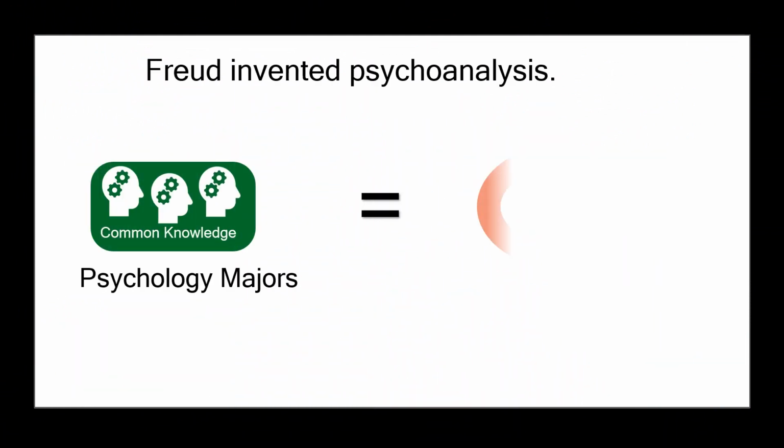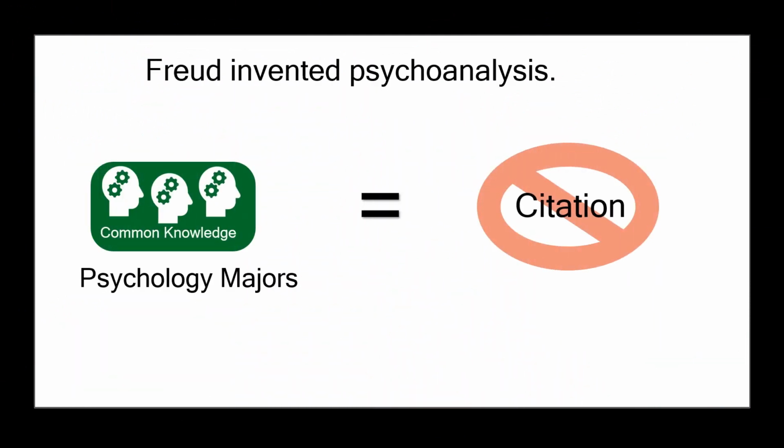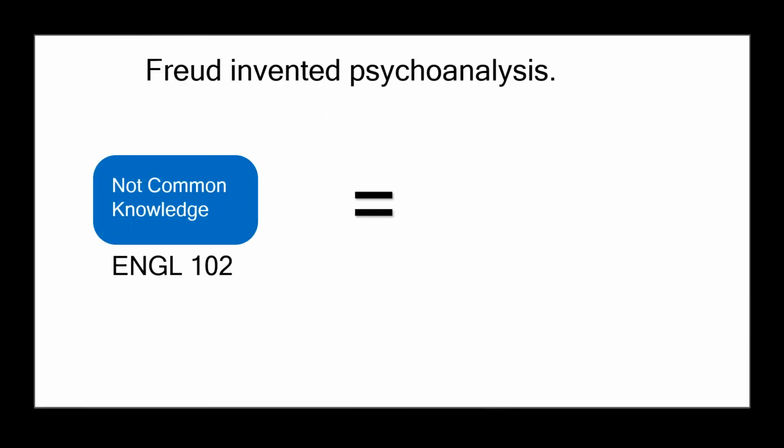In the Freud example, you would not need to cite that Freud invented psychoanalysis in an upper-level psychology class. But you would need to cite it for English 102. The reason is that you have a different audience for each paper.